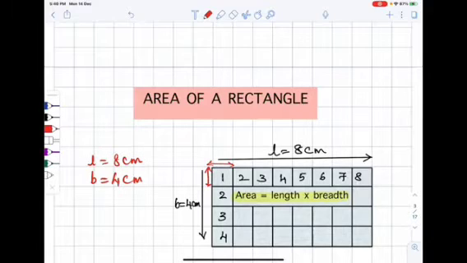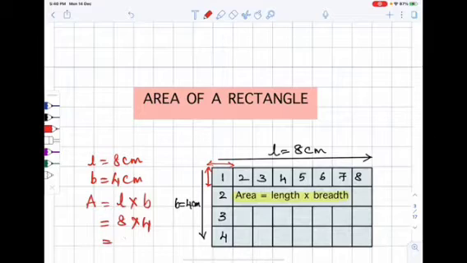When I have the number of columns and the number of rows, what do I have to do to find the whole measurement of the rectangle? We just multiply, correct? So if I multiply 8 into 4, I get 32 centimeter square.